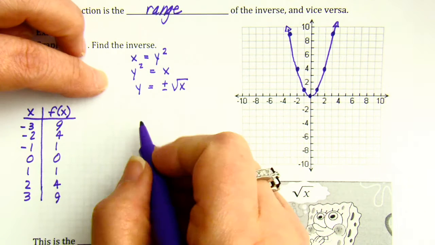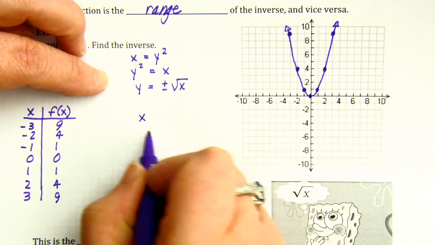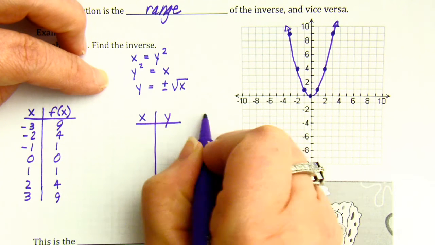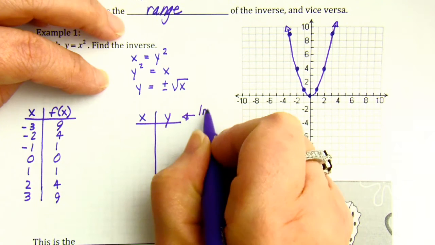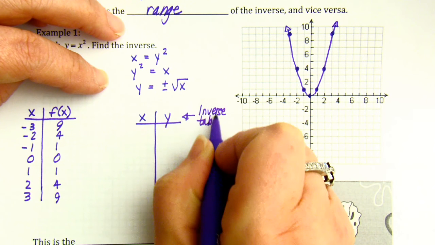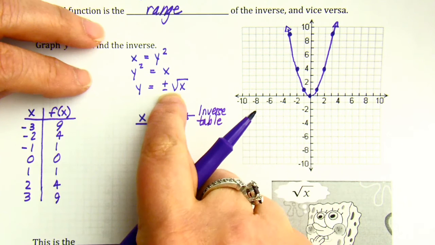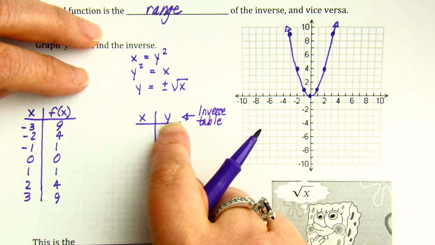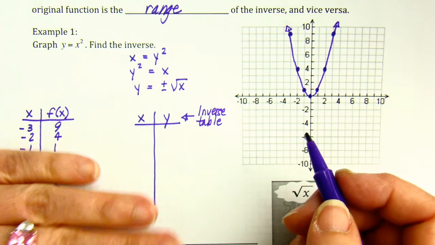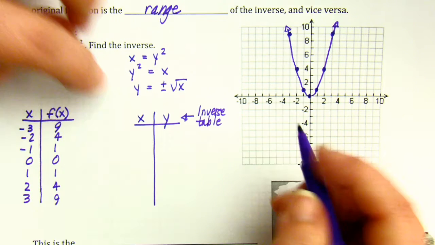All right, so x, y, inverse table. If this was a function, I would write f inverse of x here, but I can't do that. So what did we say before? You take the x's and the y's and you switch them.